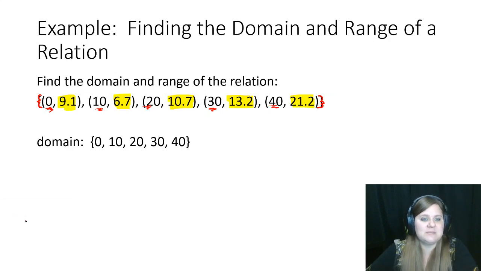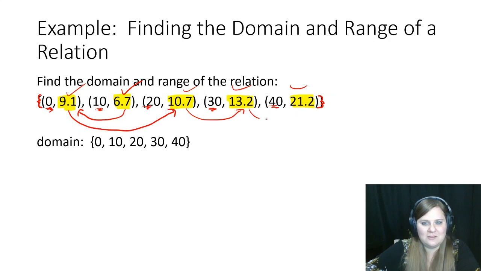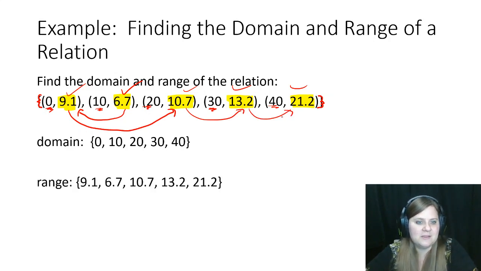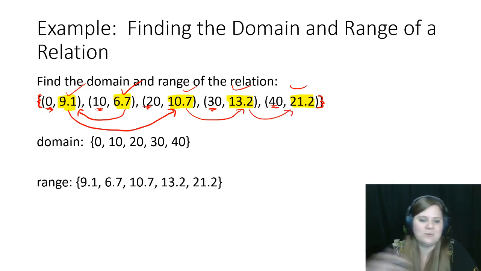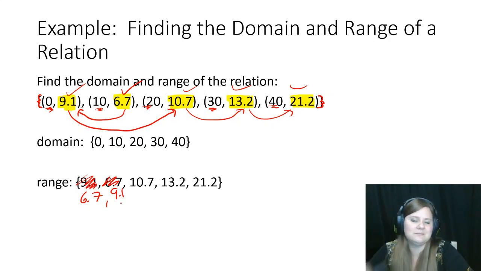The smallest value is 6.7, and then 9.1 comes after that, then 10.7, 13.2, 21.2. So it's going to start at 6.7, then go to 9.1, and after that the rest is in order. Is that in the correct order right now? Nope. You would need to swap the 6.7 and the 9.1.